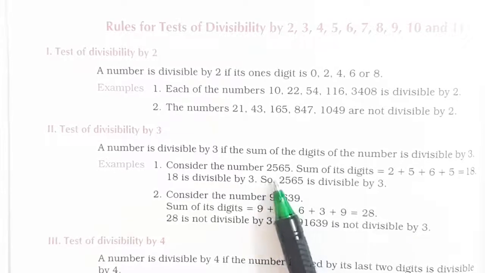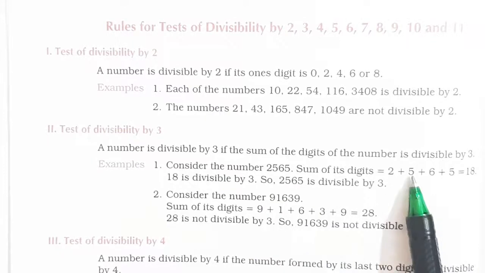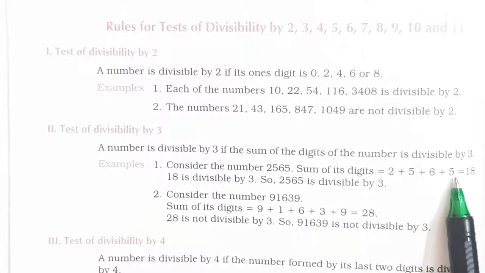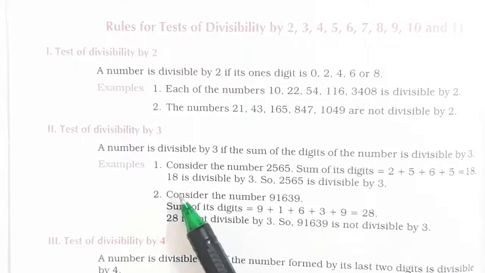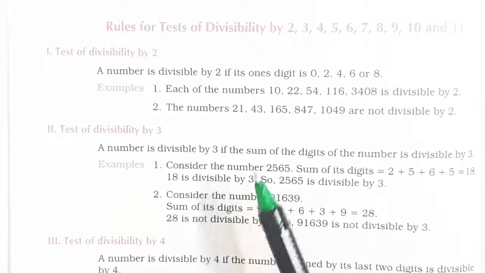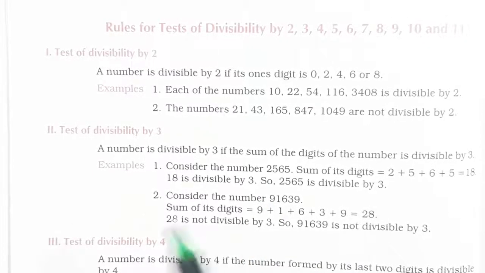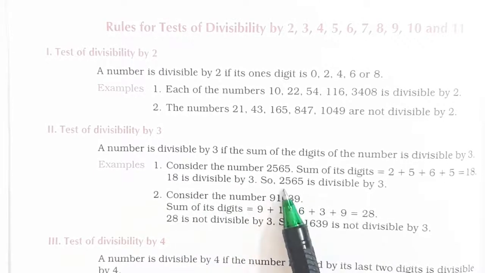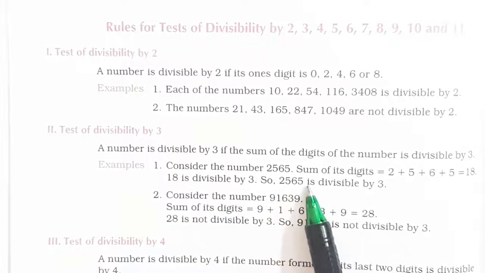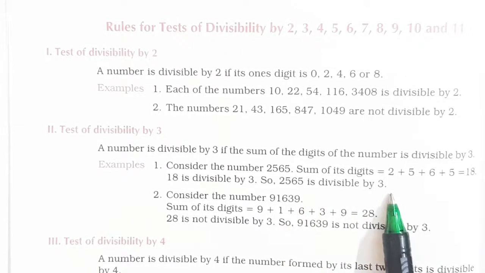Now let's add up all these digits. So that is 2 plus 5 plus 6 plus 5, that is equal to 18. Now 18 is divisible by 3. That is 3 6s are 18. So 2565 is also divisible by 3. I hope it is clear to everyone now.